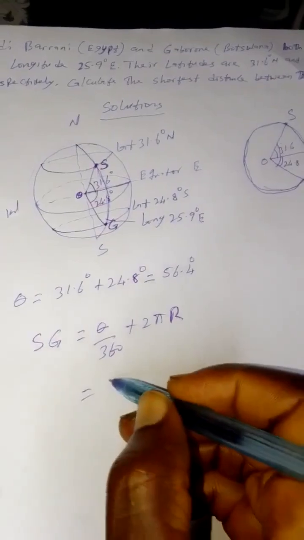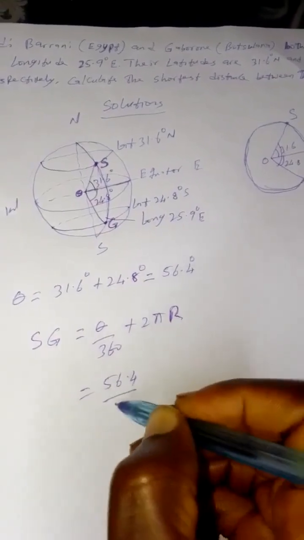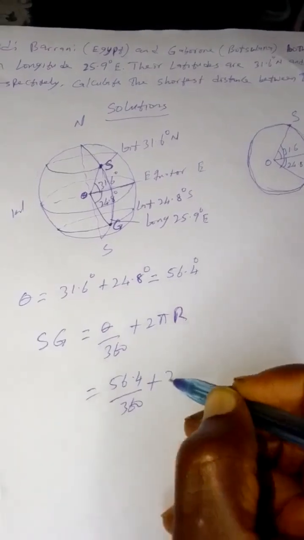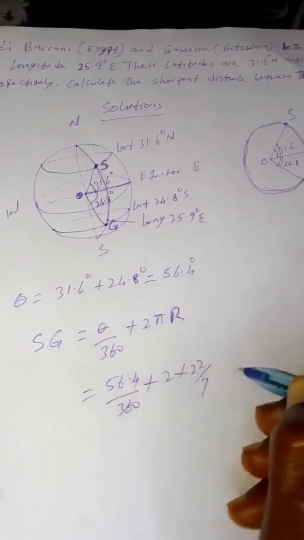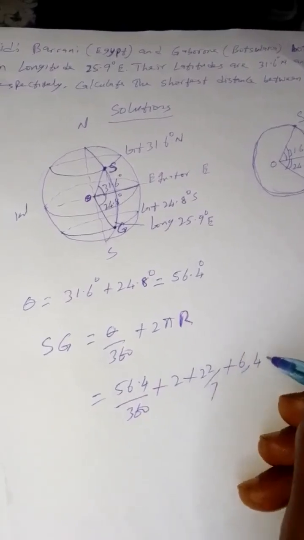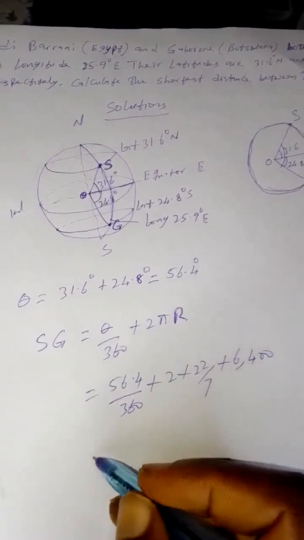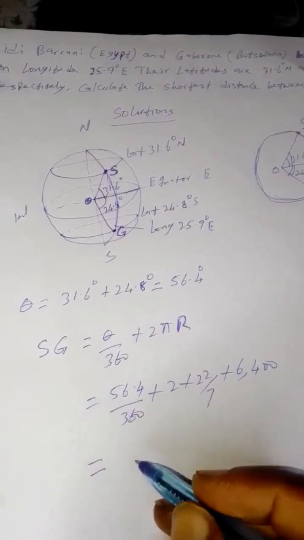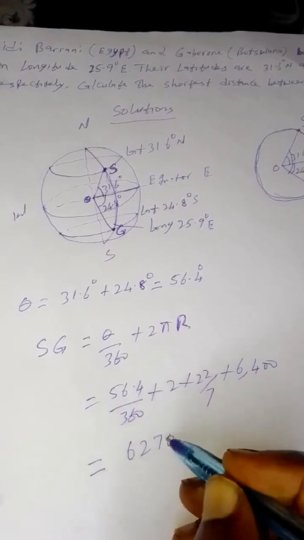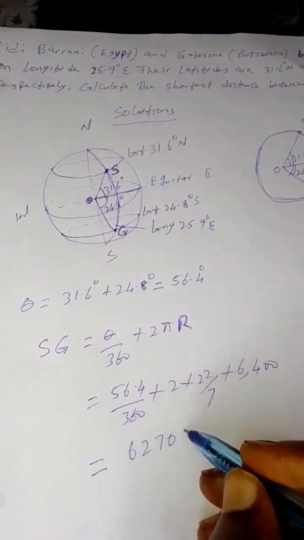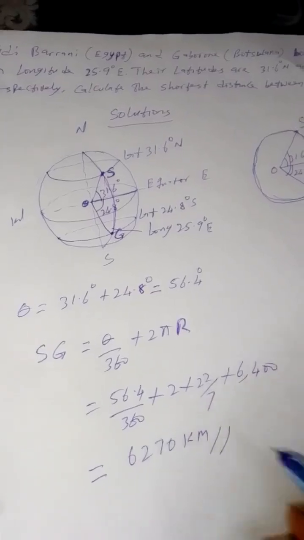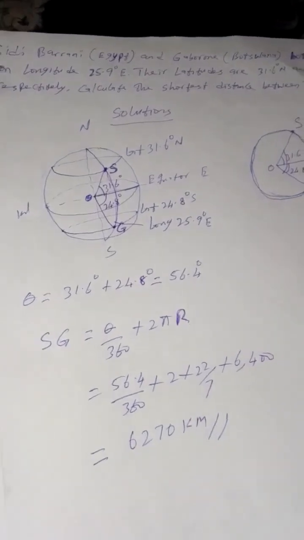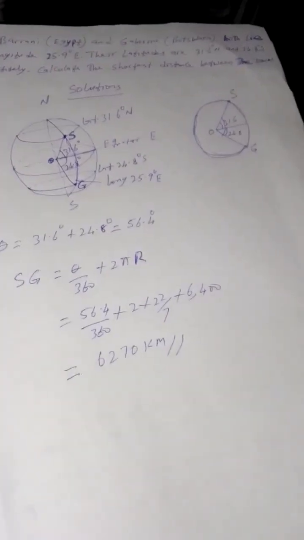So we have 56.4 over 360 times 2 times 22 over 7 times 6,400. If you press your calculator very well, that gives us 6,270 kilometers. Thank you.